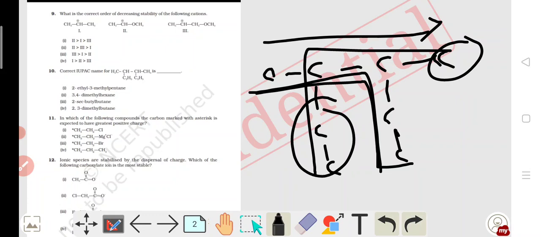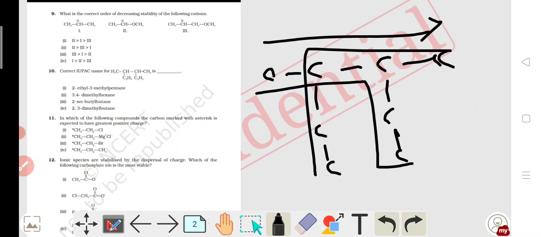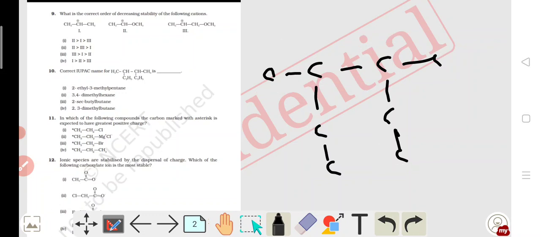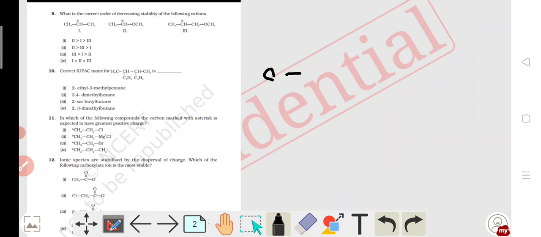In which of the following compounds is the carbon marked with an asterisk expected to have the greatest electropositive charge? That means in the question there is a star mark. Which of the following star marks is most electropositive?